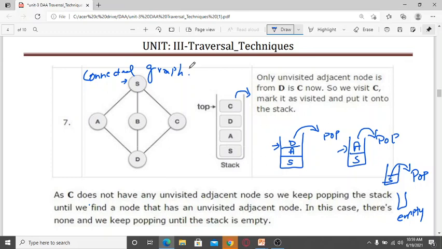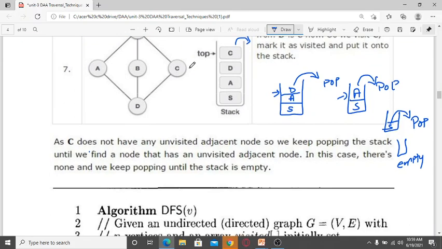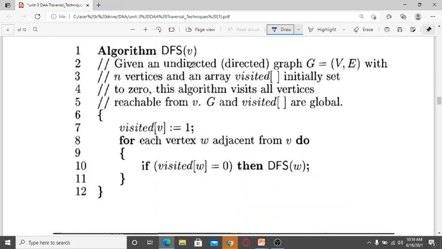So this is about the DFS algorithm. What is the algorithm? Whatever we are doing in the example above, the same thing you need to write here. DFS on an undirected graph. The graph has, as I told you, two things: vertices and edges.